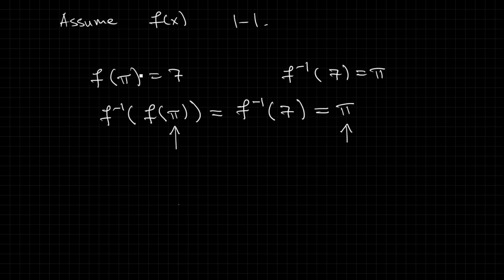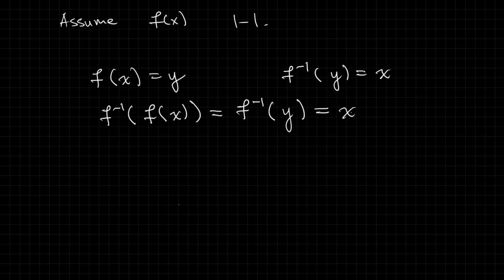In general, if we have that f of some x value is equal to a y value, well, that will mean that f inverse of that y value is equal to x, and thus if we do f inverse of f of x, well, f of x is y, so then we would be doing f inverse of y, and since f inverse of y is x, this will be equal to x.